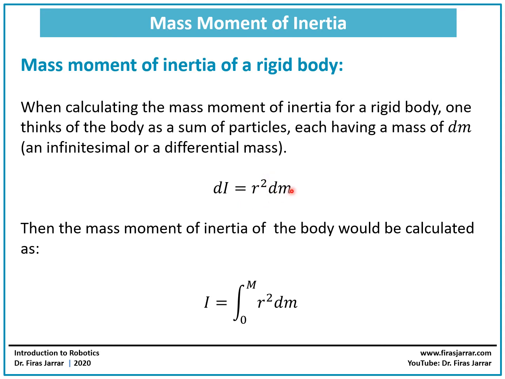So for the complete rigid body, its mass moment of inertia would be simply the summation of those of the point masses making up the whole rigid body, or, because integration can be thought of as a process of summation, the mass moment of inertia of the rigid body is going to be equal to the definite integration from 0 to m of r squared dm.